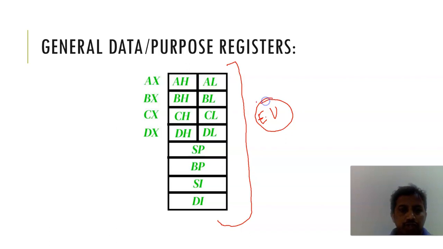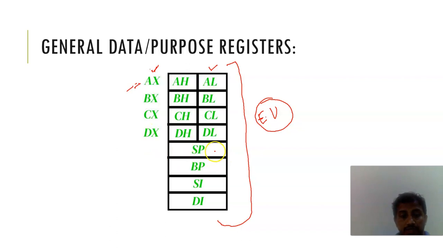Coming to the first register, AX register is a 16-bit register which can be used as a 16-bit accumulator. It can also be used as AH and AL, where AL is an 8-bit accumulator. BX is a base register, CX is a count register, DX is a data register. These are the names given to AX, BX, CX, DX.